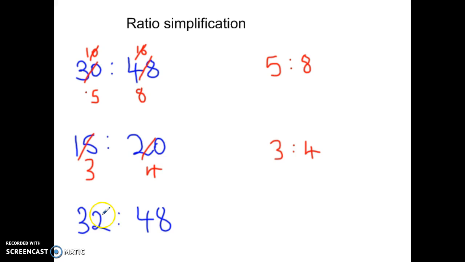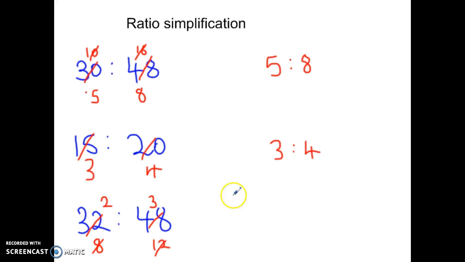So if I were to divide by 4 and divide by 4, okay, looking at both these numbers, well, they're both still in the 4 times table, so I could divide by 4 again, and divide by 4 again.